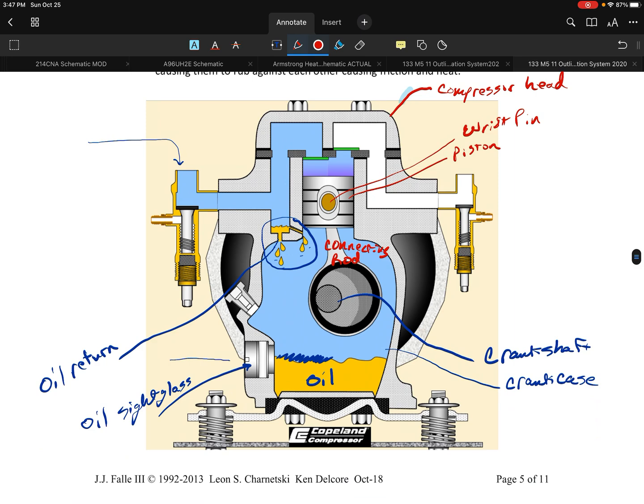Now the suction valve, in this particular case, I'm going to identify right here. That valve is going to be my suction valve. And of course, that one right there would end up being my discharge valve.